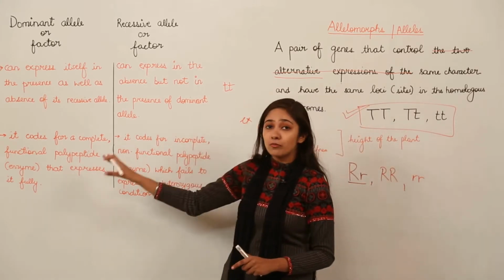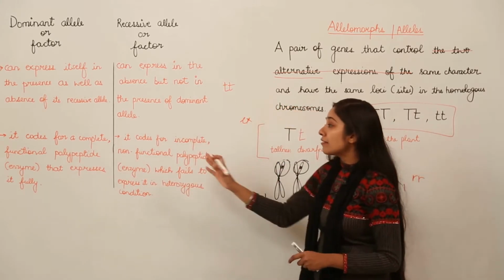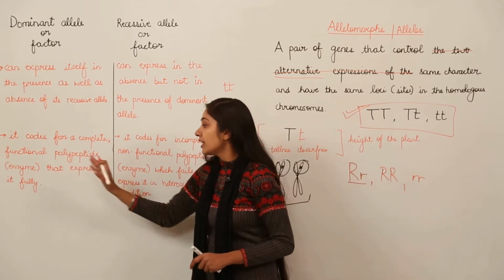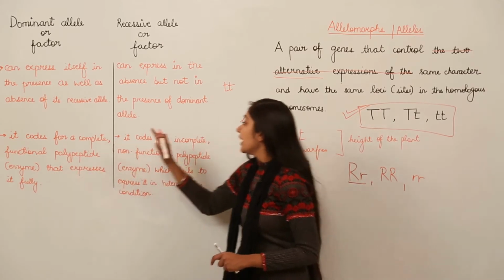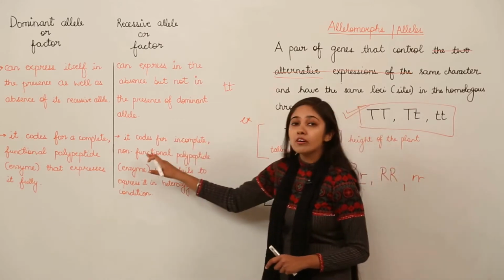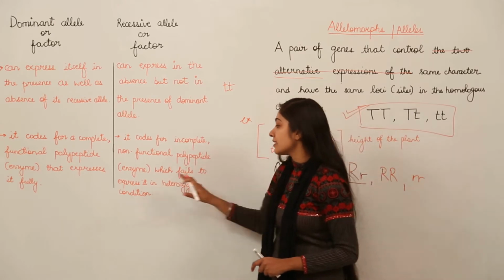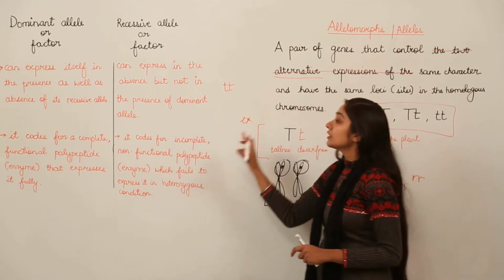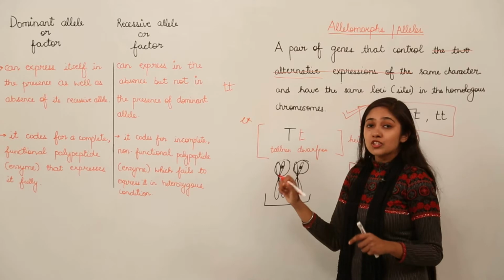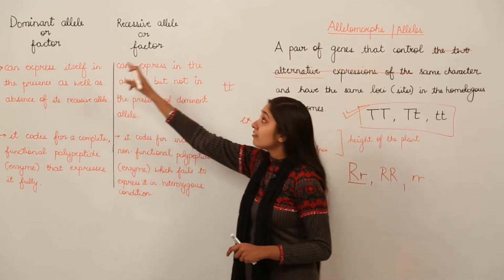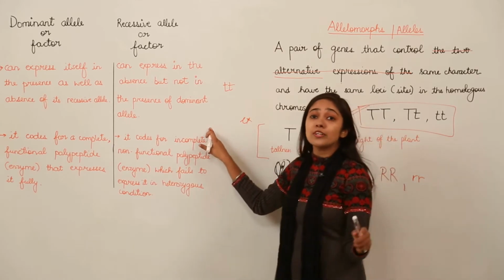Next, we move on to the second point of difference between these two. The dominant allele codes for a complete functional polypeptide or enzyme that expresses it fully. The recessive allele codes for an incomplete non-functional polypeptide or enzyme which fails to express it in heterozygous condition. So this is the key point which tells you why this dominant allele is going to express itself and why this recessive allele is not going to express itself.